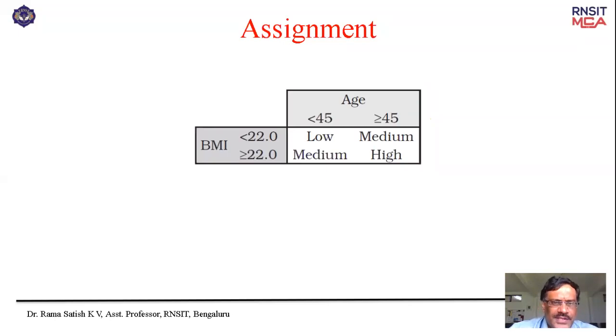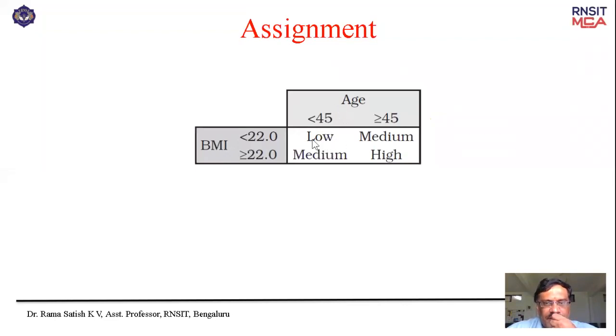So you have to input your body mass index, BMI, and age. If your BMI is less than 22 and your age is less than 45, you are at low risk of heart attack.